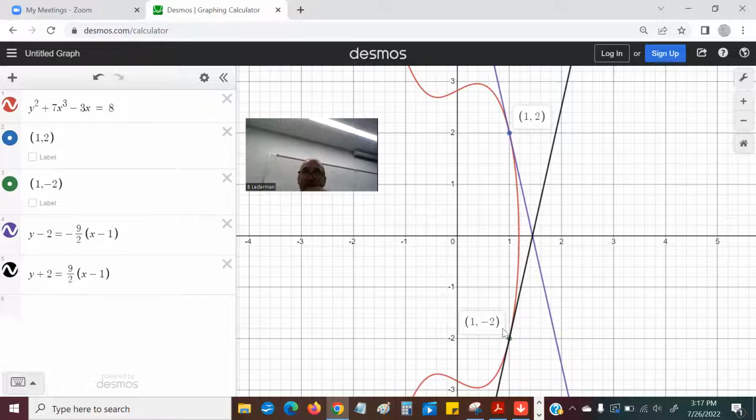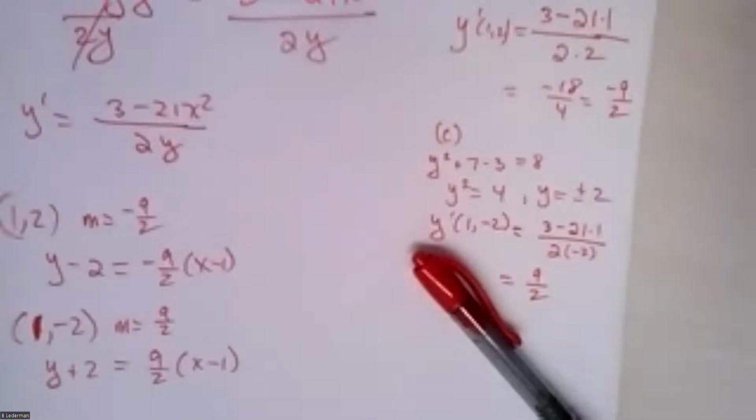Okay, let's continue. I want to do another implicit differentiation problem. Let me just write it down here.